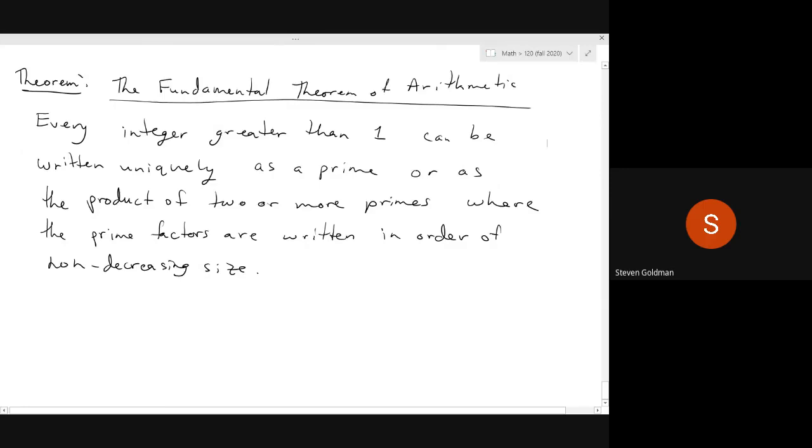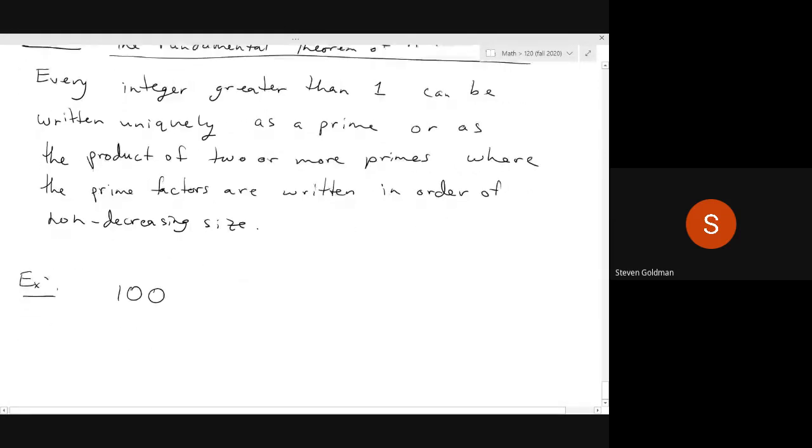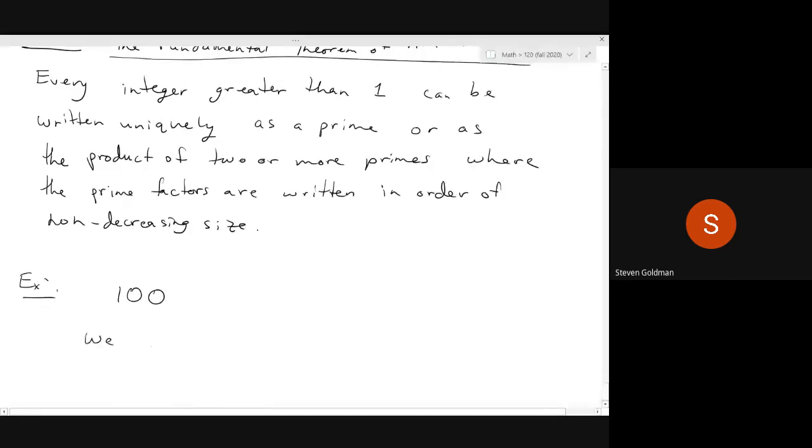So for example, let's say we look at the number 100. 100 is composite, it's not prime. But I can find its prime factorization, meaning I can write it as a product of prime factors.